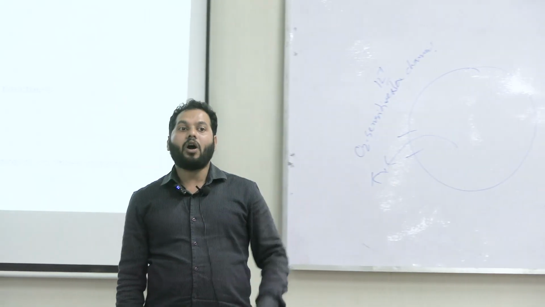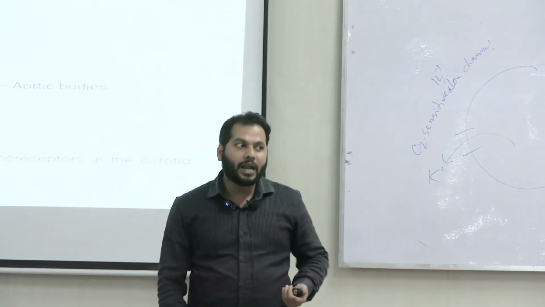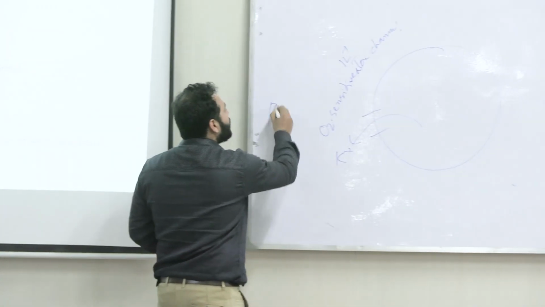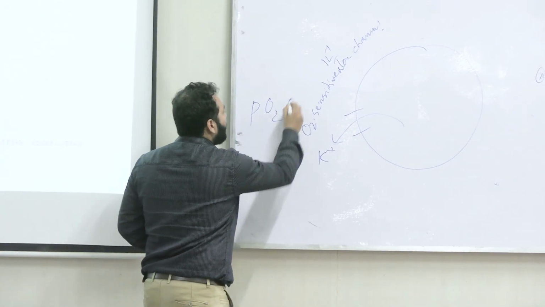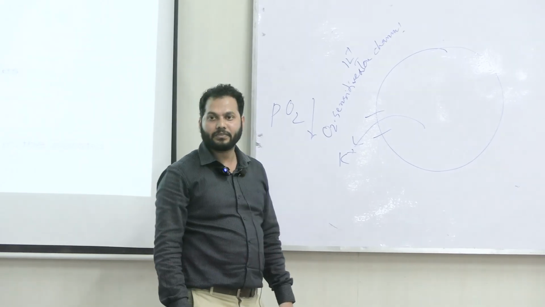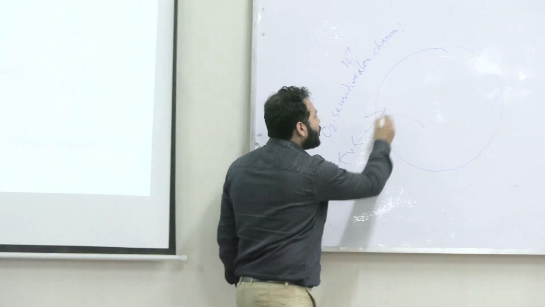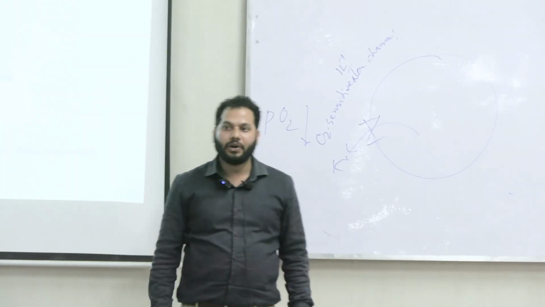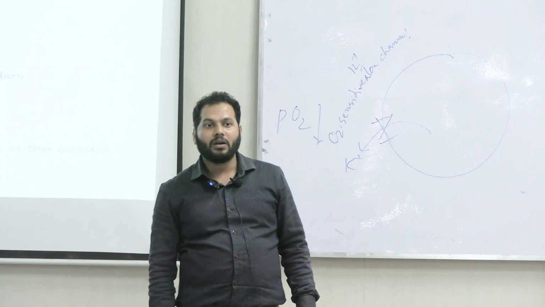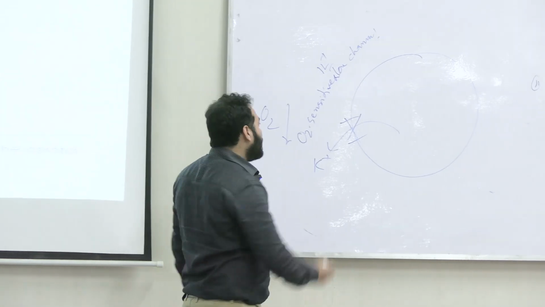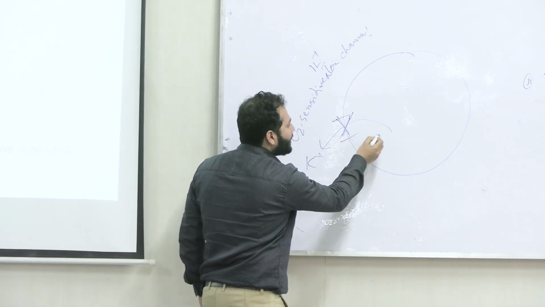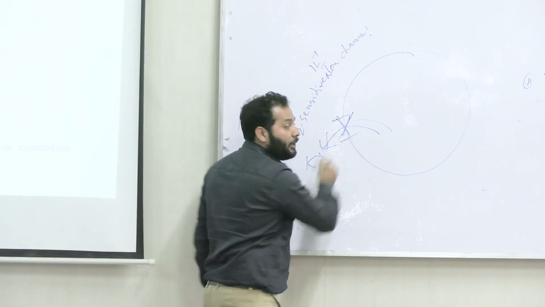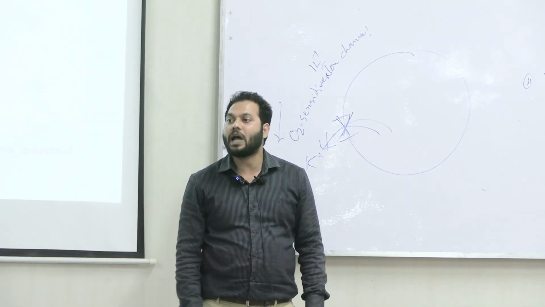But in the opposite condition, like when there is a reduced PO2, the channel is going to close, right? Due to that, it prevents the efflux of potassium ion.